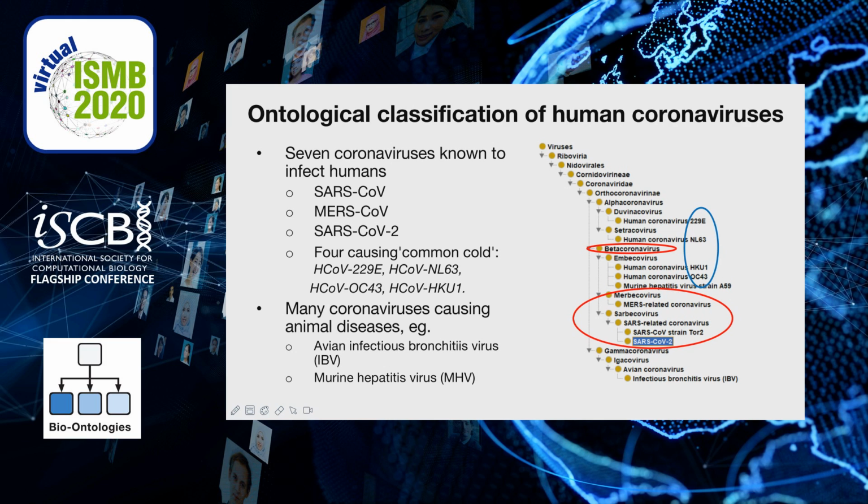In the figure, we can see the taxonomical classification of the 7 human coronaviruses and avian infectious bronchitis virus, murine hepatitis virus.